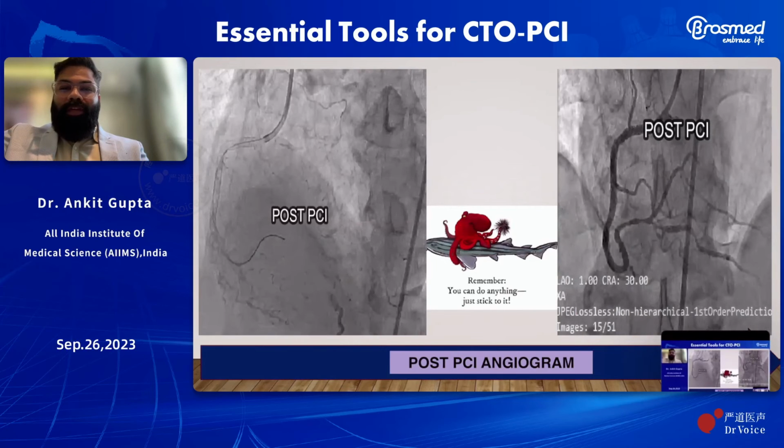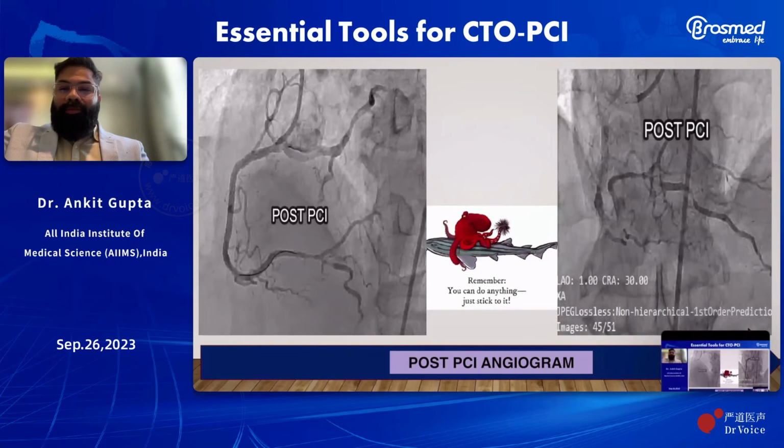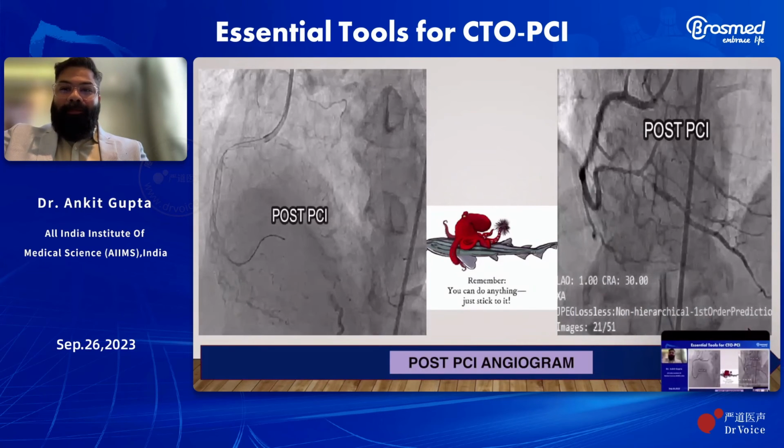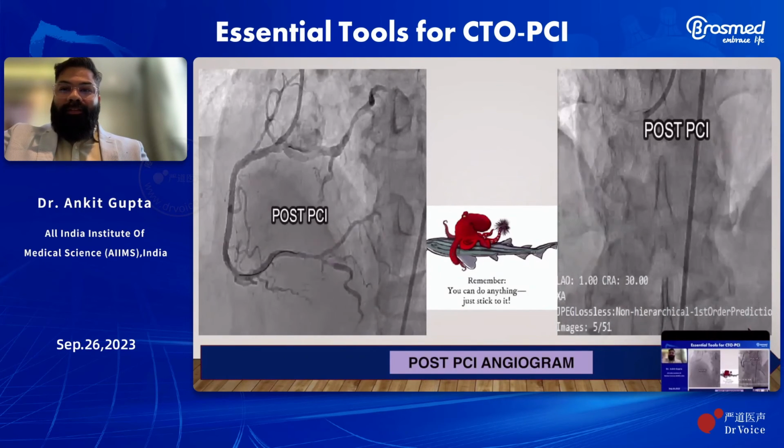We can see in both the angios TIMI 3 flow in the single sinus with left and right circulation.